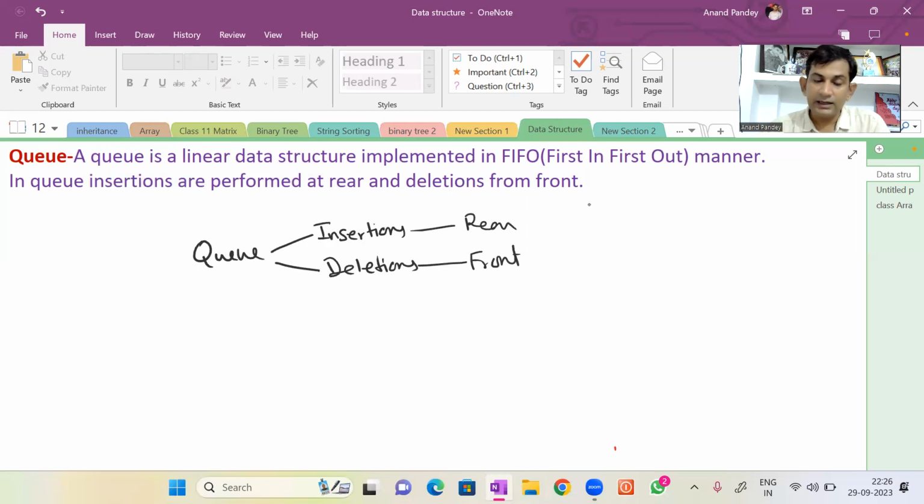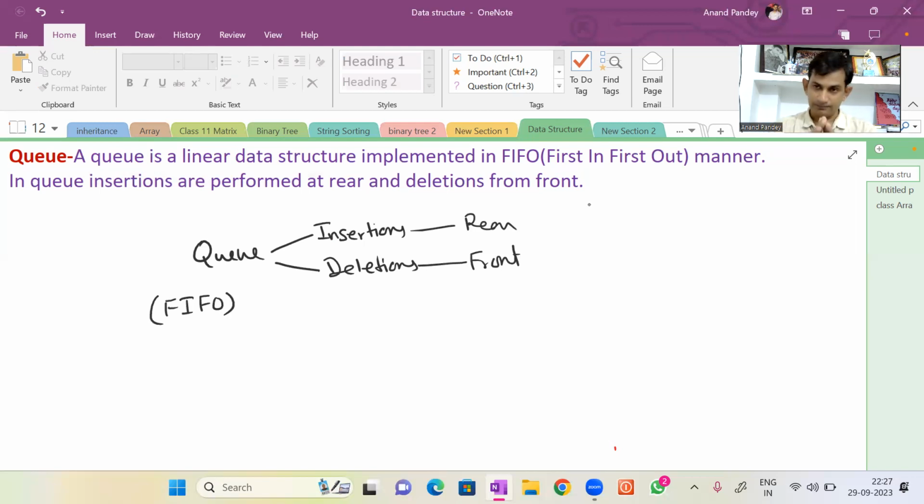In a queue, the data is implemented in FIFO manner, first in, first out. You can draw this also. It will explain everything about the definition of queue. This is the property of the queue data structure.